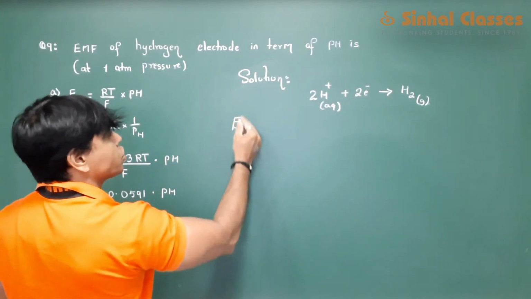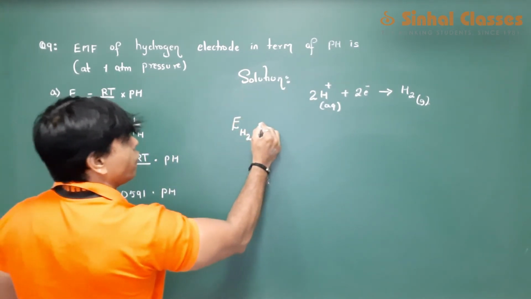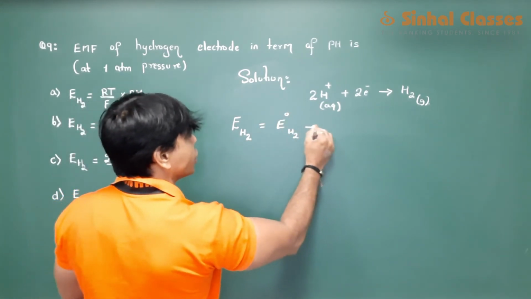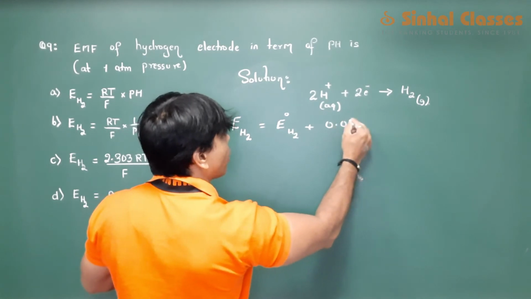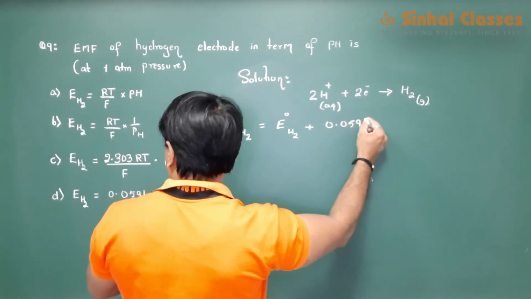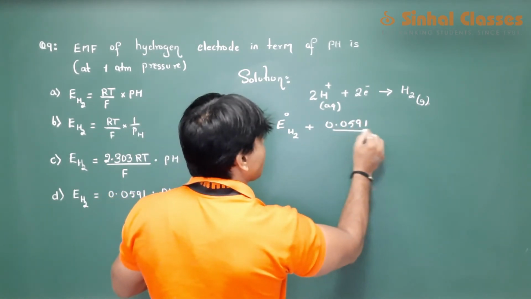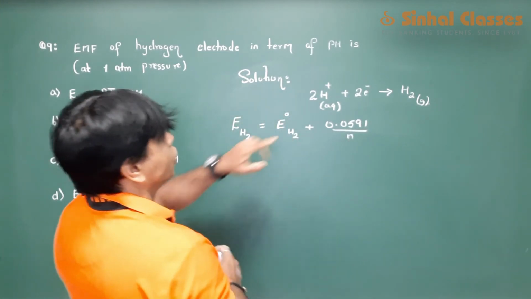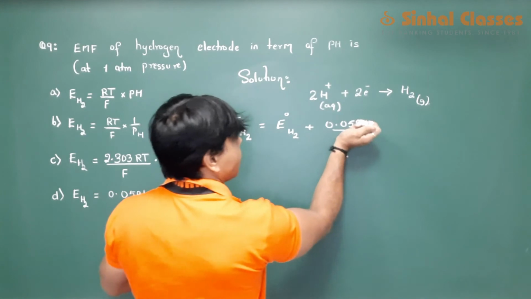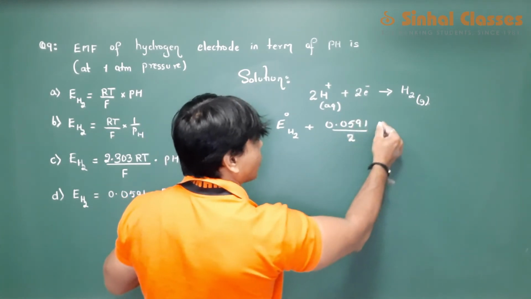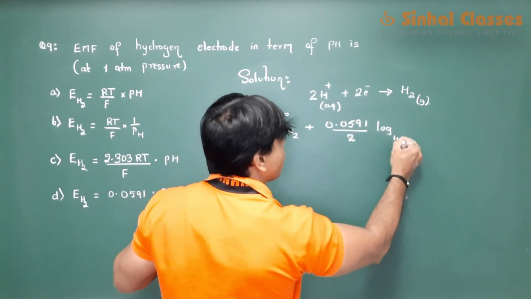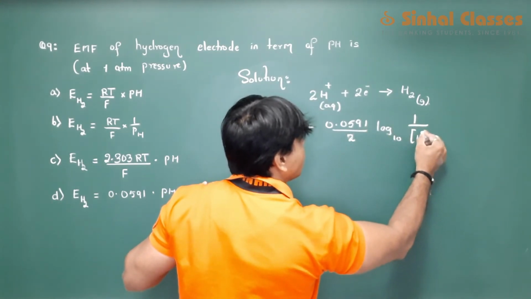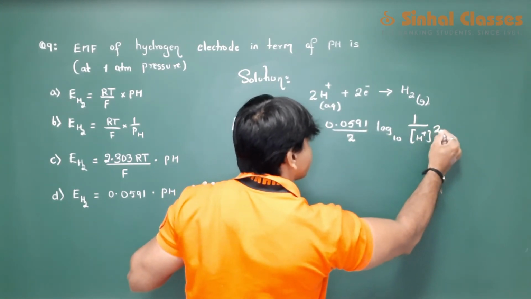Now according to Nernst, E of hydrogen will be equal to E naught of hydrogen plus 0.0591 upon n. n you will take as 2 electrons, log to the base 10 of 1 upon hydrogen ion concentration raised to square.